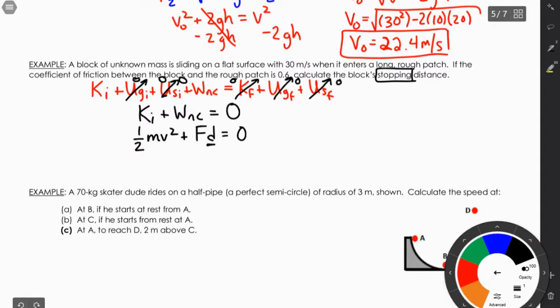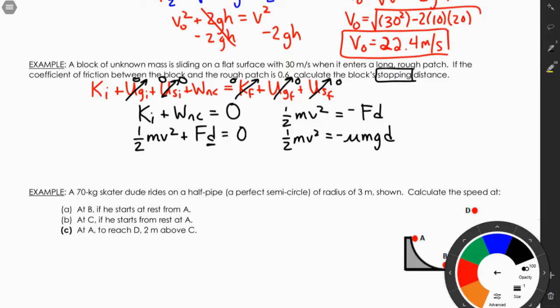Now let's go through the steps. You have 1/2 mv squared equals negative Fd. The force that's stopping it is friction, so you get negative mu mg d. Then we cancel out the m's.